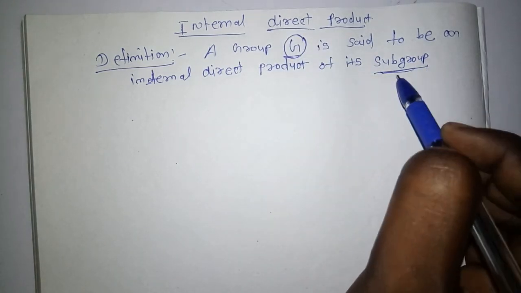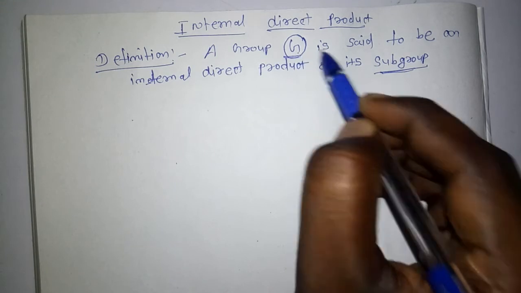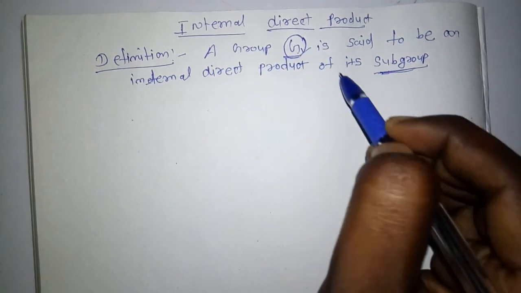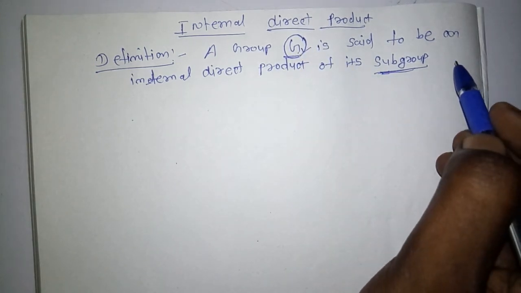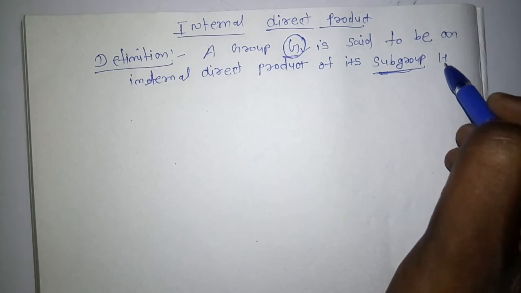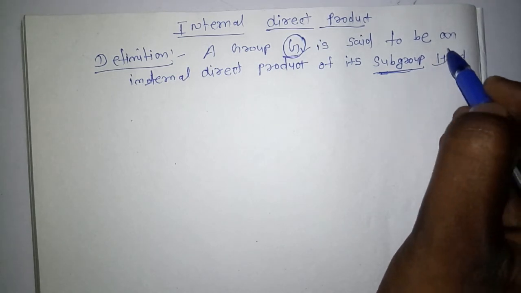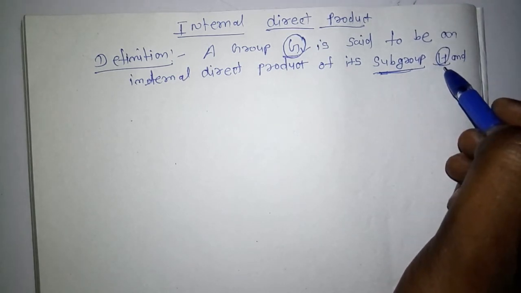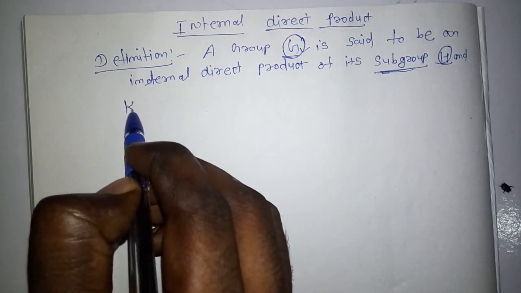Okay, very carefully, subgroups of G. Okay, subgroups H and K, one is H and second is K.